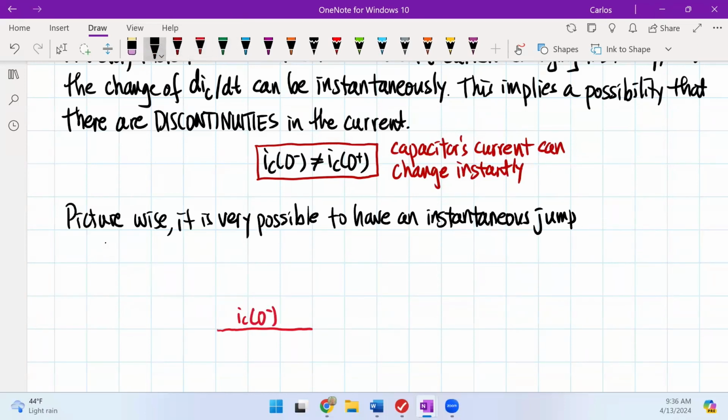Now, at t equal to 0, a switch is thrown. So I could have a discontinuity in the jump here.